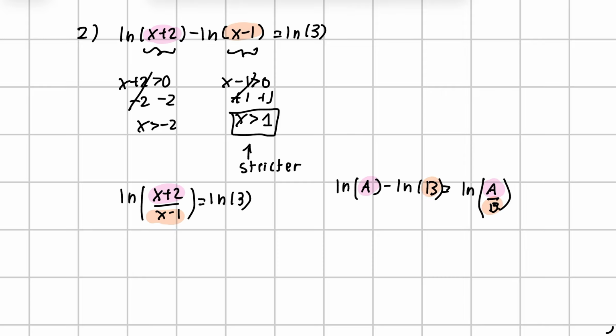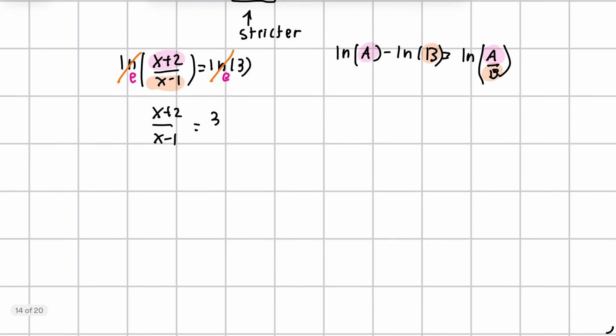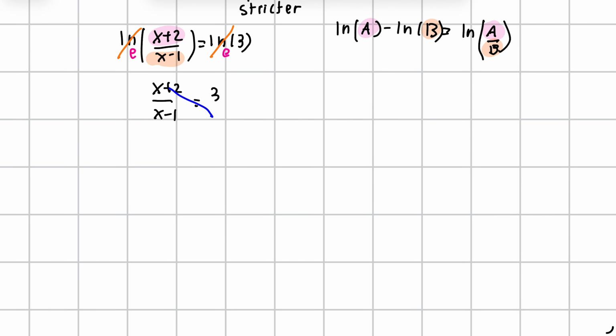So now all we have to do is recognize that natural logs are going to be equal to each other because they both are going to have the base of e, correct? So you can just cancel out and ignore those. We're just going to take x plus 2 over x minus 1 is equal to 3, the input of the other right side. So now all we're going to do is cross multiply.